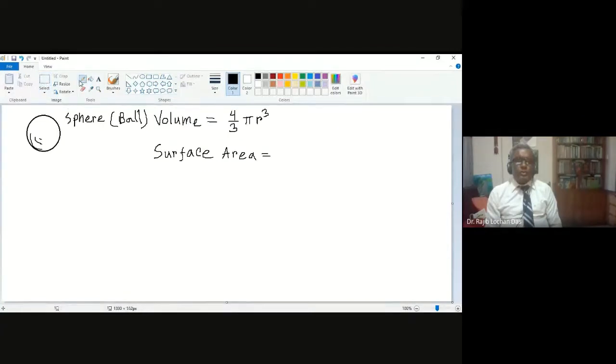If you give a color, say red or blue or orange, that will be the color where you put the color. So that is the surface area. Only the boundary, only the outer surface. So the formula for surface area is 4 pi r square.